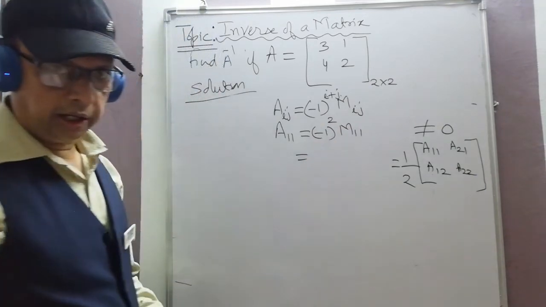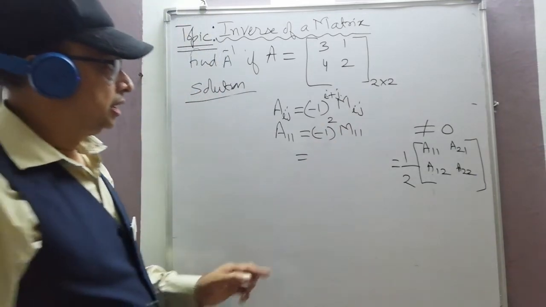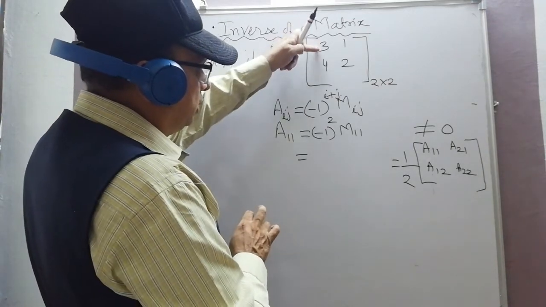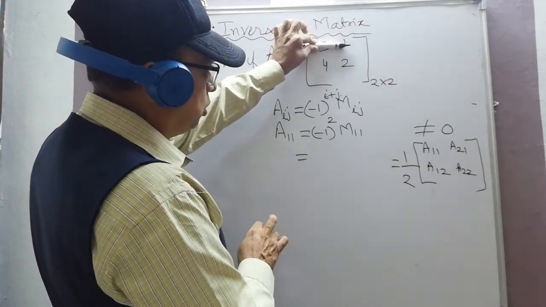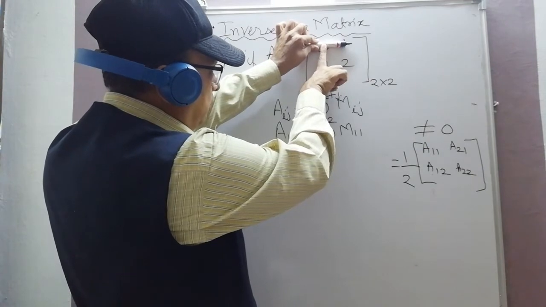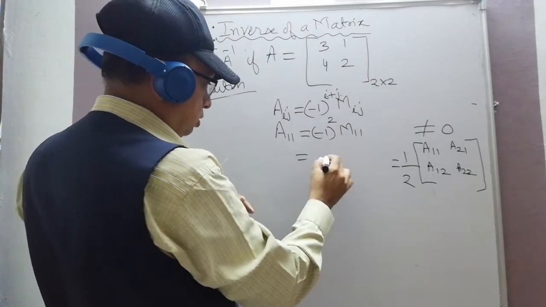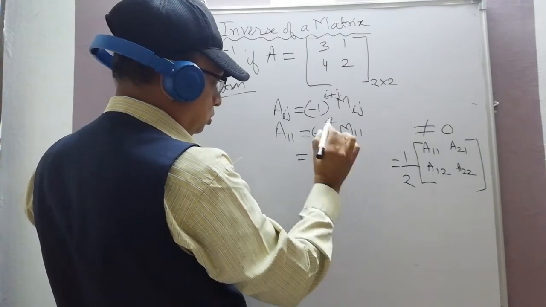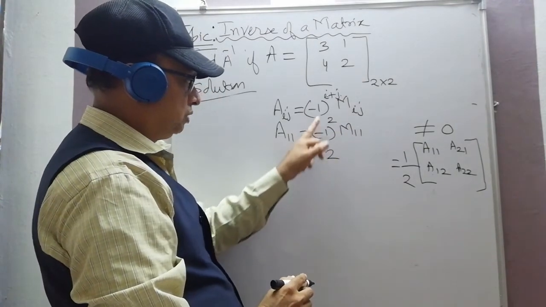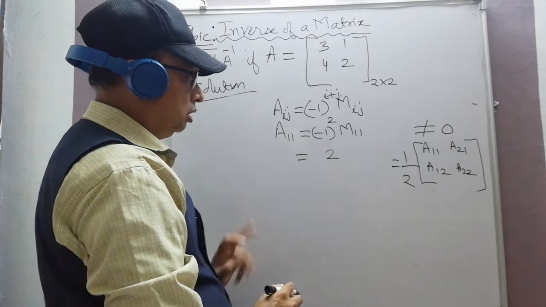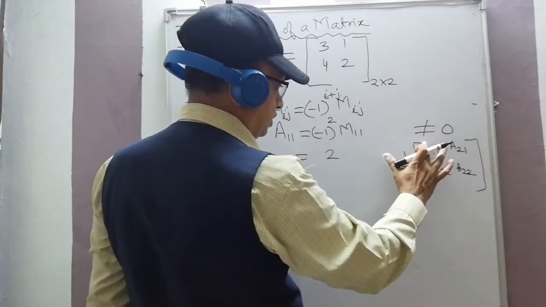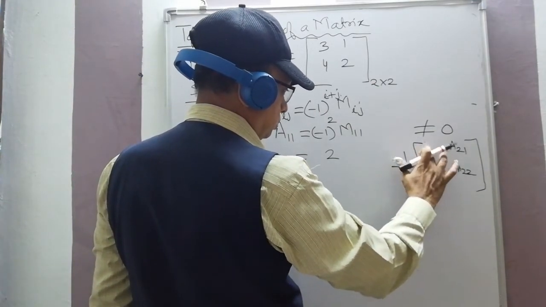M11 means minor. How will you find the minor? M11, deleting this row and this column where this element lies, and it is how much? 2. So M11 is 2, minus 1 to the power 2 is a positive 1. Therefore, A11 is coming as 2.